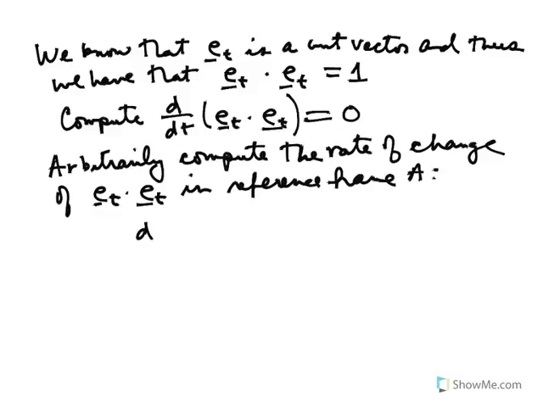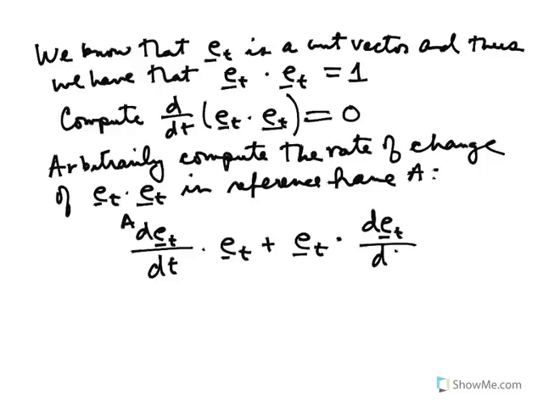Well, we get that dE sub t dt in A dotted with E sub t plus E sub t dotted with dE sub t dt in A has to equal 0. Now, because I've used the product rule of differentiation to compute this rate of change, you'll see that the first term and the second term are the same, because A dotted with B is equal to B dotted with A.